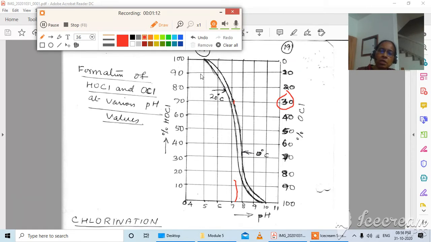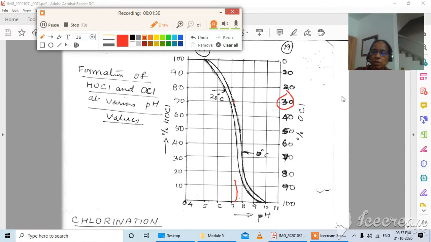That means the chlorine remains as elemental chlorine itself. That is what we mentioned earlier. When pH is less than 5, the chlorine remains as elemental chlorine itself, or disinfection is not efficient.